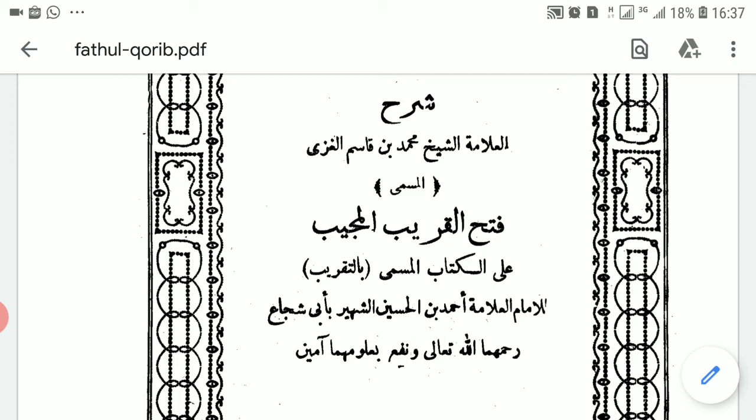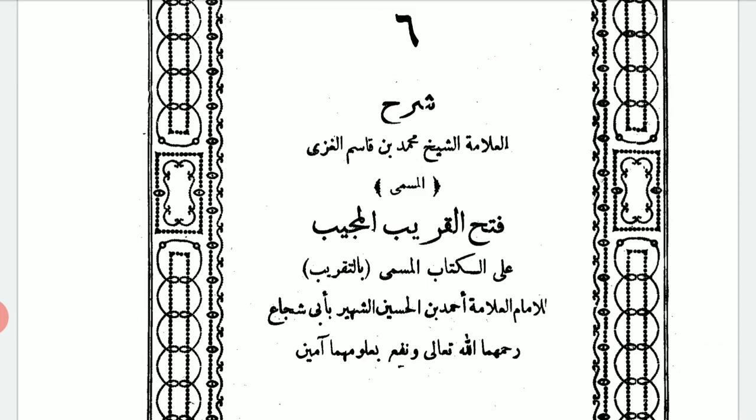Ila hadratin Nabi Mustafa Sayyidina Muhammadin wa ala alihi wa sahbihi ajma'in wa ila musannifu hadhil kitab Imam Ahmad bin Hussein wa Imam Muhammad bin Qasim Al-Ghazi. Syai'ul lillahi lahumul fatihah.